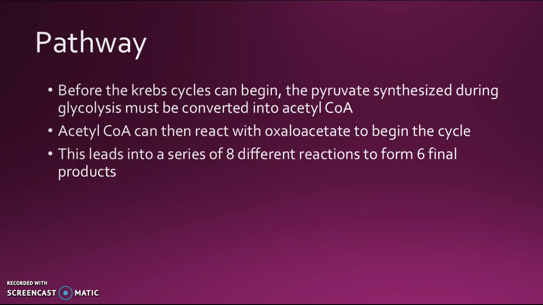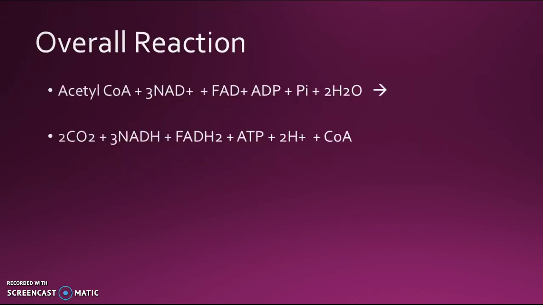Once you have your acetyl-CoA, you can begin your citric acid cycle. The acetyl-CoA will react with a molecule called oxaloacetate, and that leads into a series of 8 different reactions, which form 6 final products. And then here's your overall reaction.